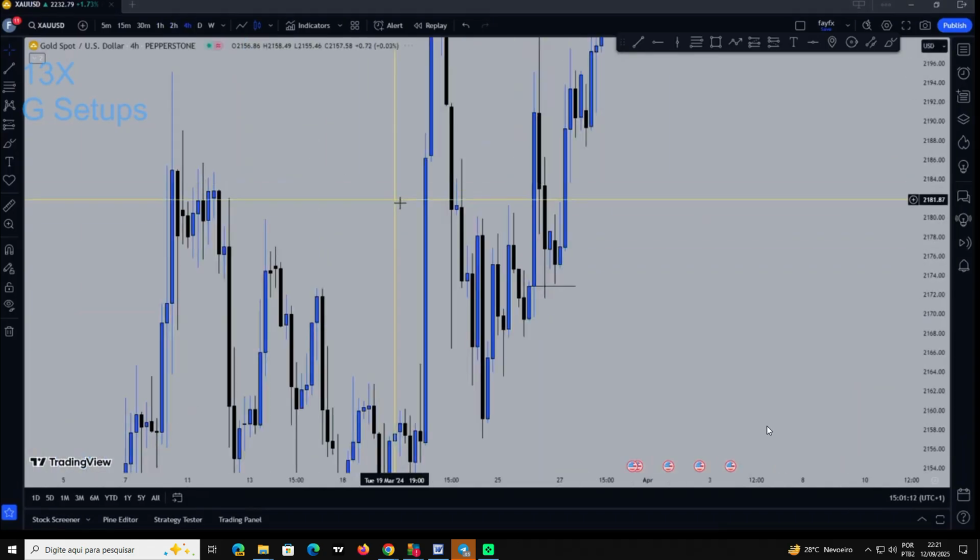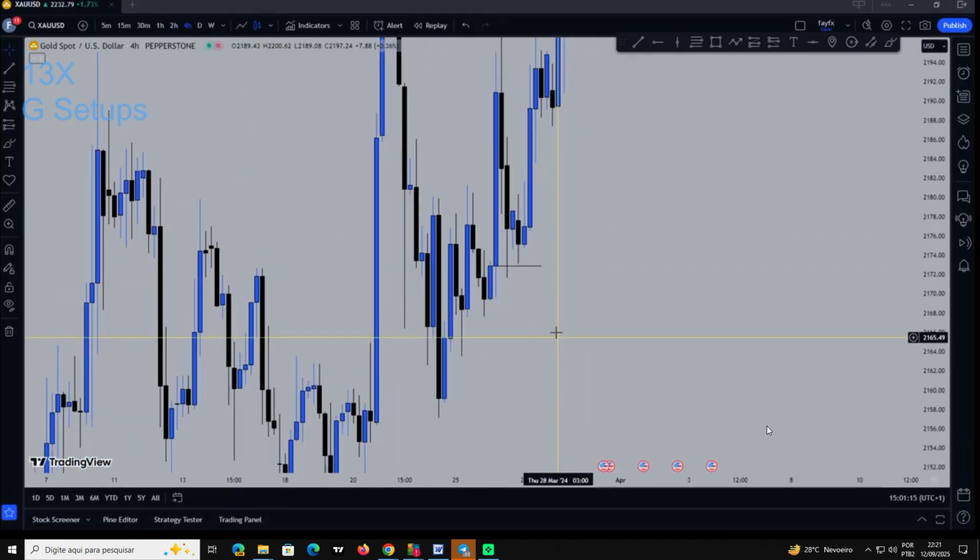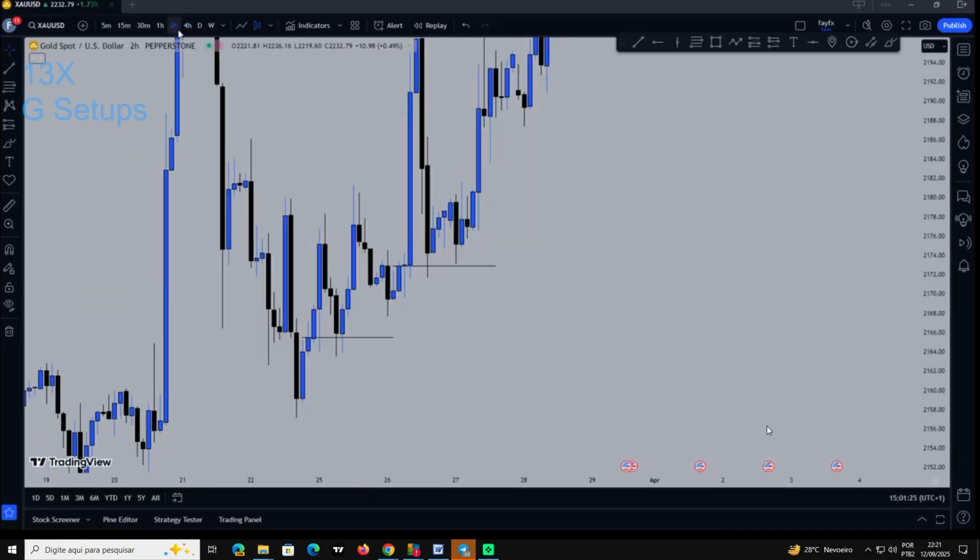Let's look here, this H4 bullish gap. Let's go one time frame lower. We are going to find here a gap CC, price rejected, then flies up.